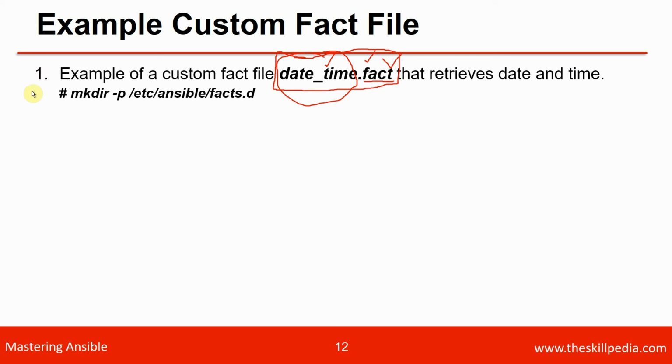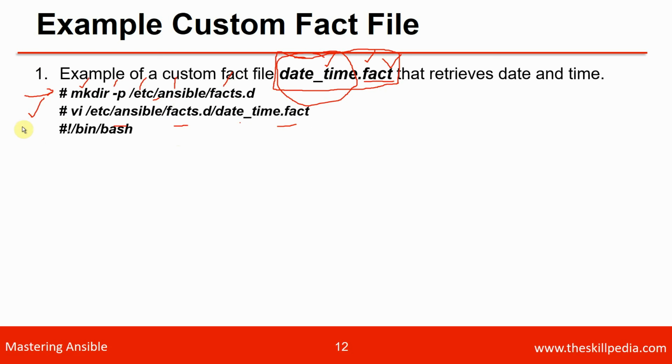So on the remote machine, where you want to define this, you make a directory with mkdir -p /etc/ansible/facts.d. So you make the directory and then you create the file with vi /etc/ansible/facts.d/date_time.fact.